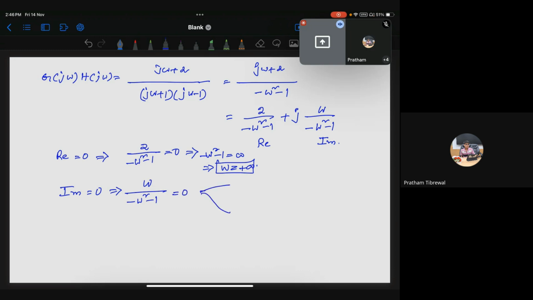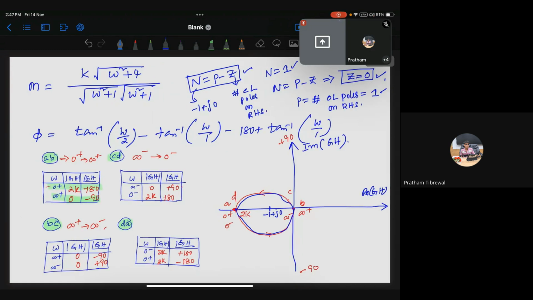There you'll have two things. Omega is equal to 0 in the first case, and minus omega square minus 1 equal to 0 leads to omega equal to minus infinity only, but this is our need. So it means when the real part is 0, omega is equal to infinity. Okay, so you can substitute this omega equal to infinity in the magnitude. What is the magnitude? This one is the magnitude. In that you can substitute.